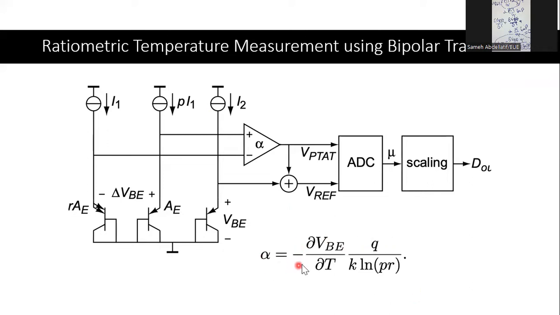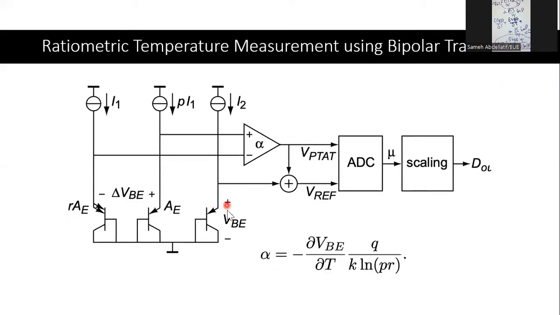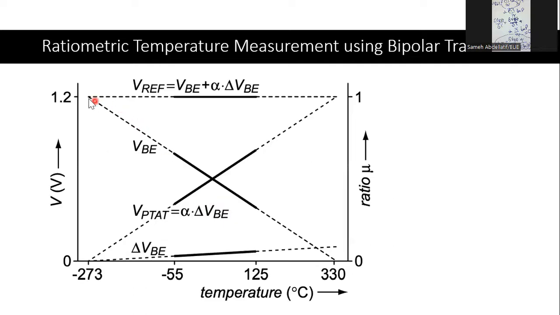If alpha equals negative partial VPE by partial T times Q over K ln B, and here he introduced in the reference this R factor, I will return to consider it later. So we will have this. We have this VPE, and VPE starts to decrease whenever the temperature increases.